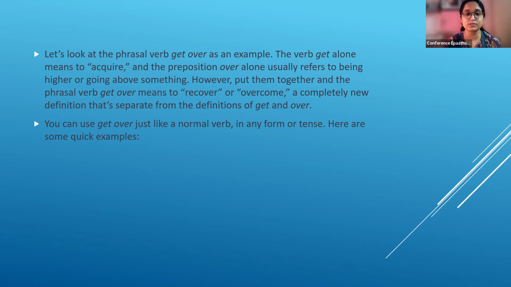So you can use get over just like a normal verb and in any form or tense. You understood what I said? Get over, get is the verb, over is the preposition. Now these two words have different meanings. Get means acquire, over means to get higher. So when you use them together, get over, it means to overcome or recover.